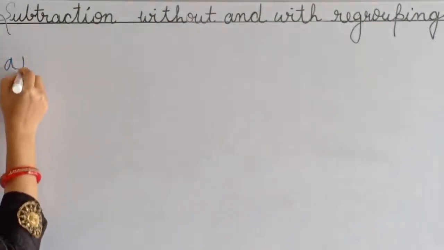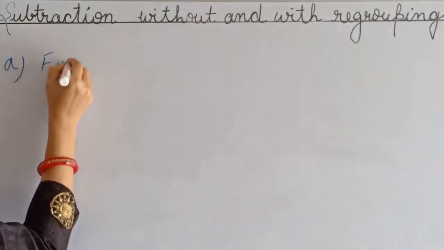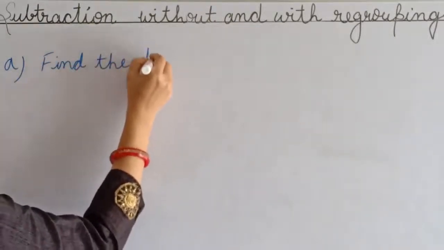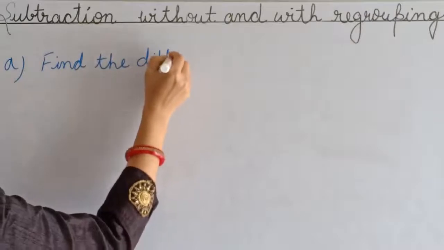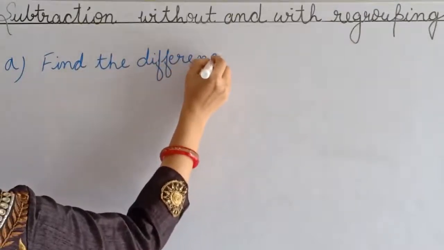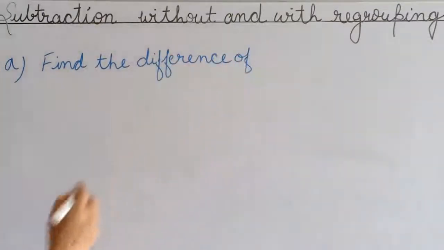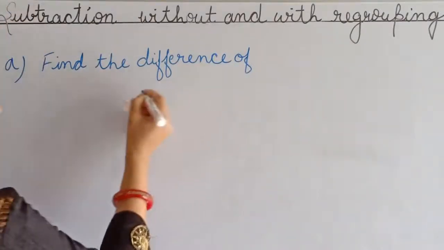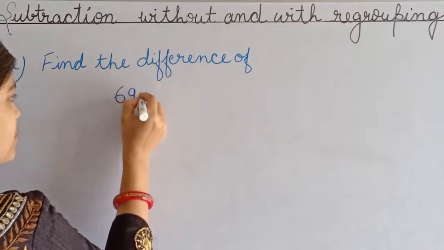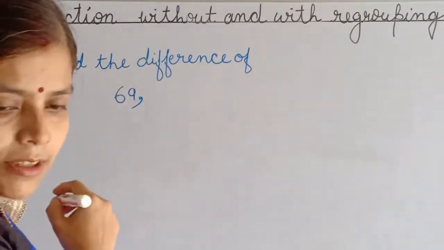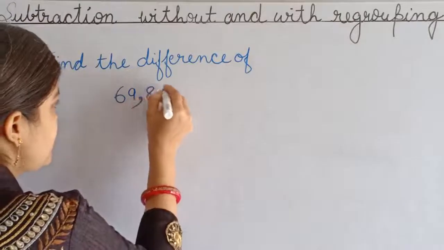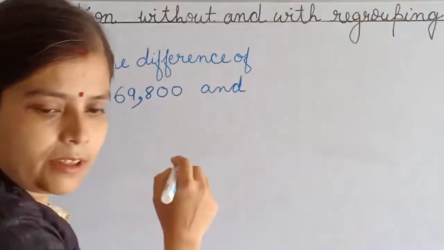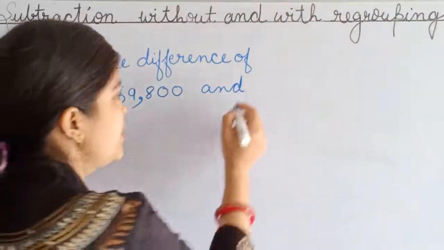Here is the question. Find the difference of 69,800 and 46,400.